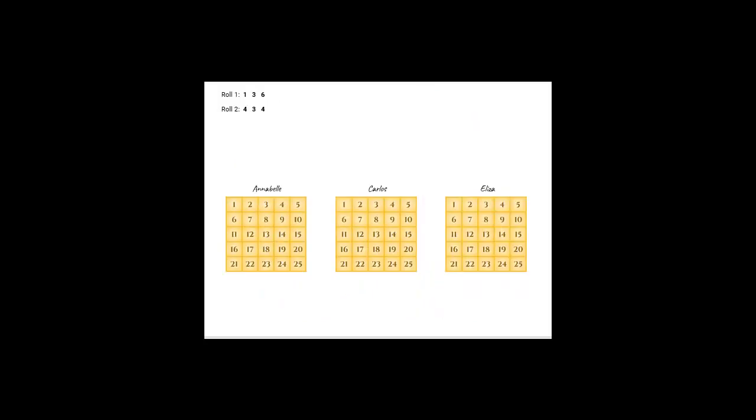So let's go through a sample. Remember that for the first 5 rows the mentor creates the expression, so everybody gets the same points. Let's say the mentor rolled the dice and got in the first roll a 1, a 3, and a 6.